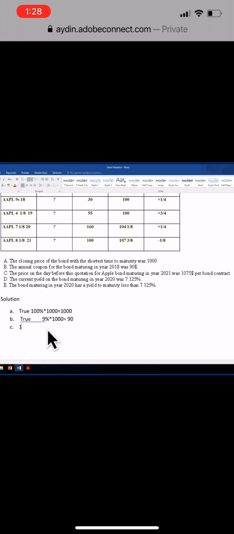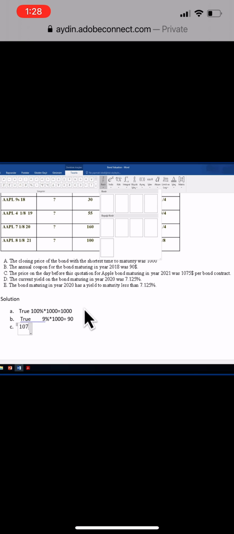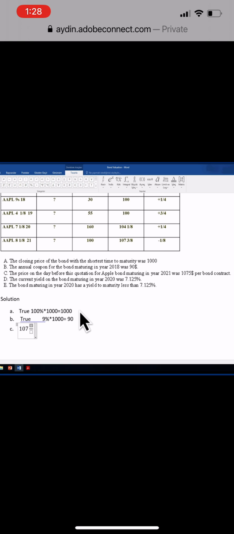7.38. Okay. And we know that this is today's price, so it should be equal to yesterday's price. We don't know yesterday's price, so here we use a notation, for example, P. And we know that yesterday's price is traded down by 1/8 to give today's price, right?